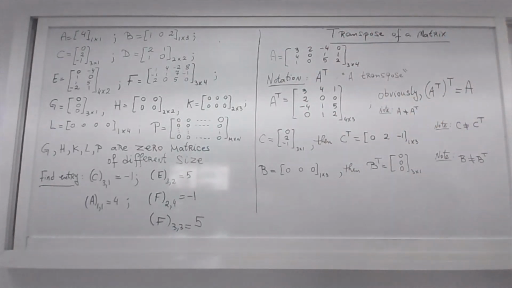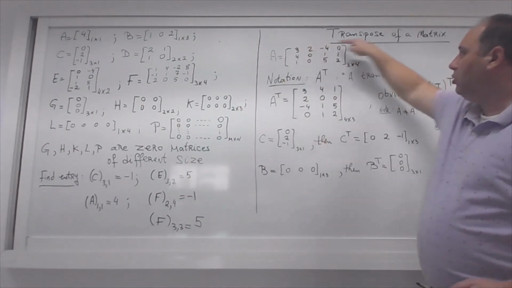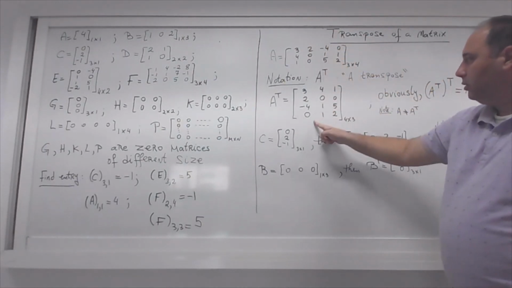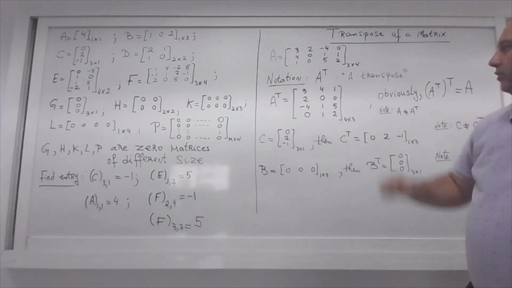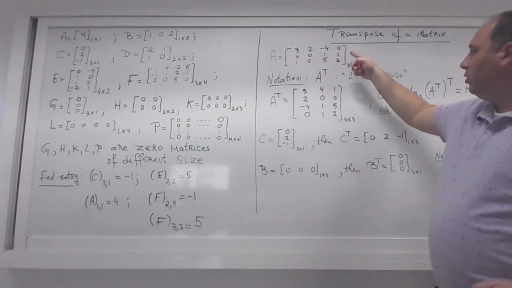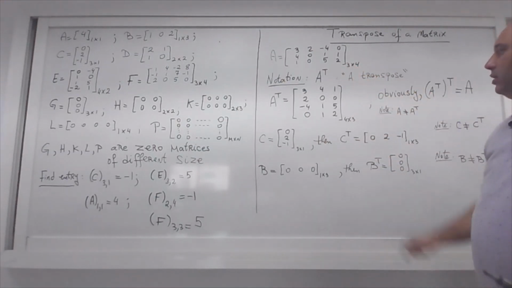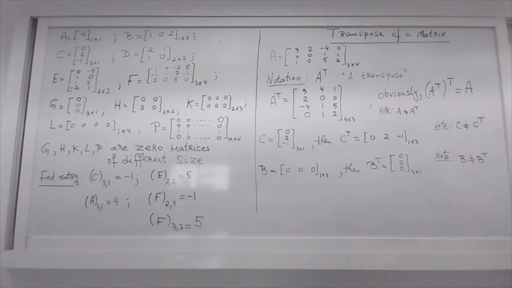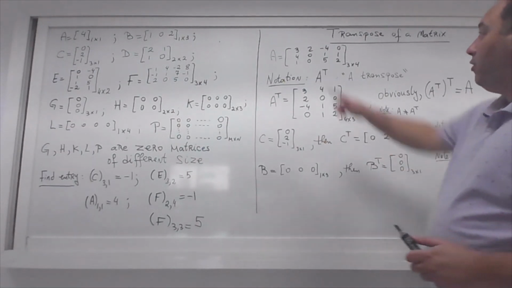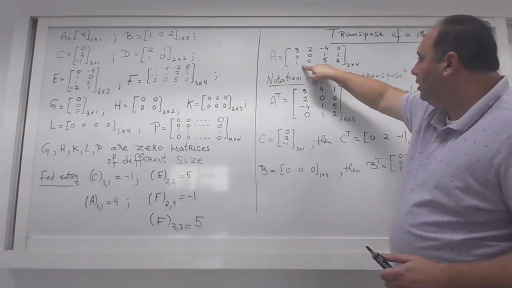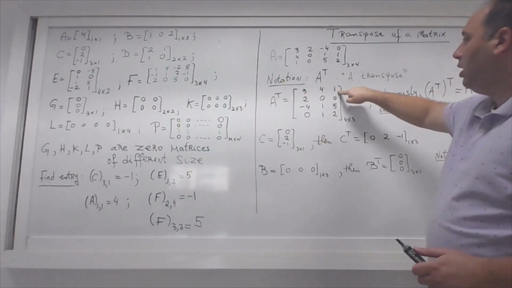So you take the first row from A, and this becomes the first column of A transpose. The second row of A becomes the second column of A transpose. The third row of A becomes the third column of A transpose. You can also say, if you wish, the first column of A becomes the first row of A transpose.